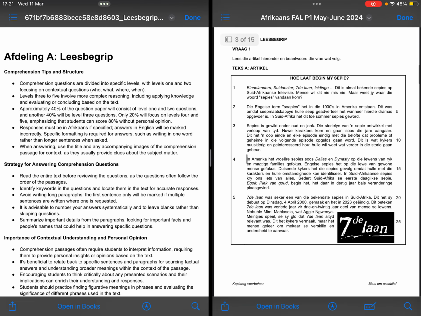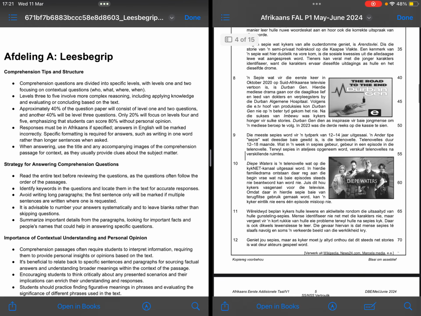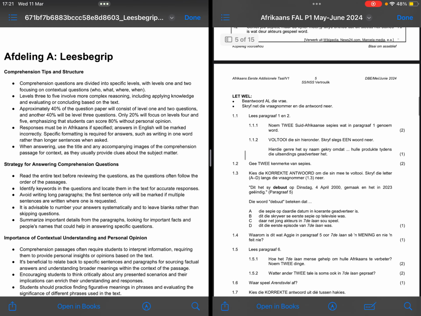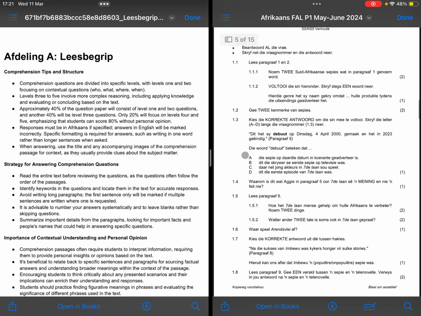So here we have 12 paragraphs. We can say almost for certain that the first few questions are referring only to the first few paragraphs. So meaning this first question is never going to say, look at paragraph 12. What does it say?